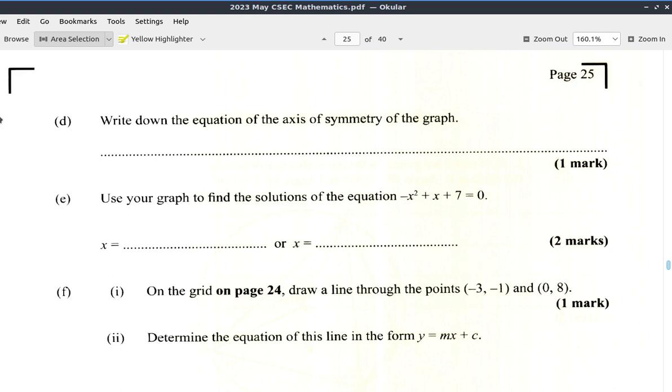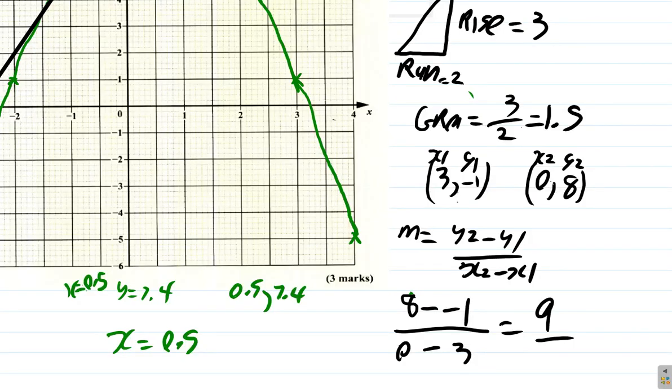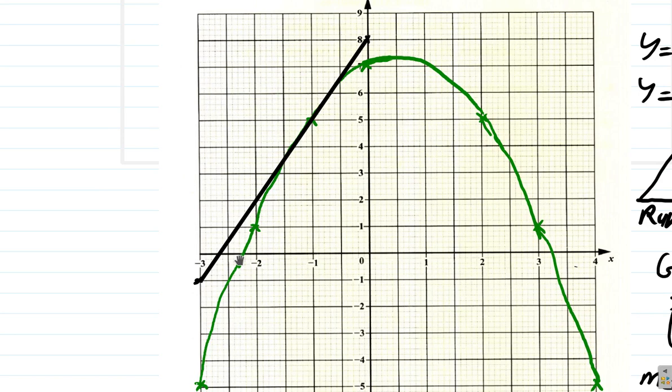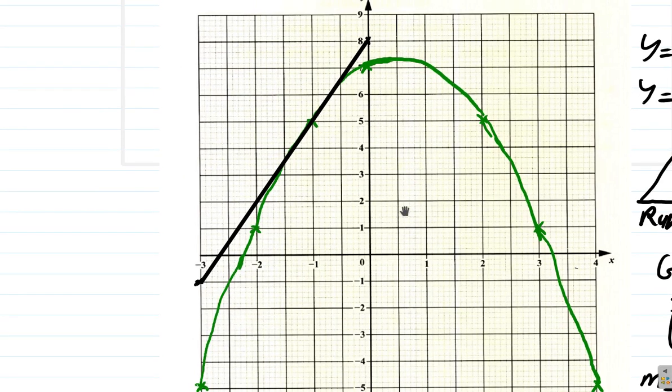Hold on, let me see something here. Let me just make sure. Negative 3, negative 1, and 0, 8.